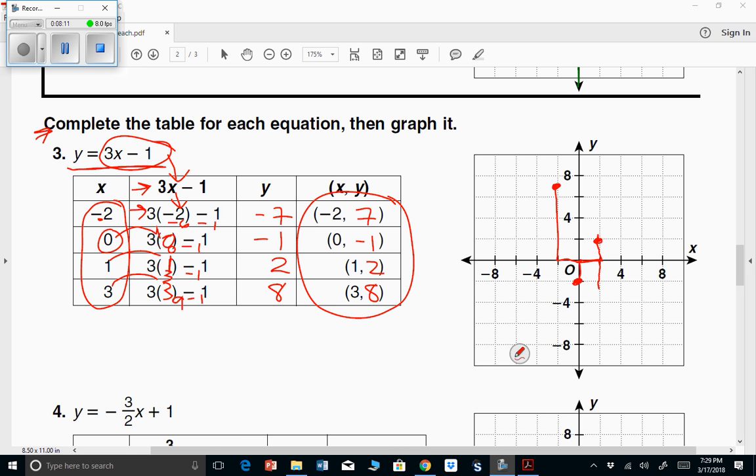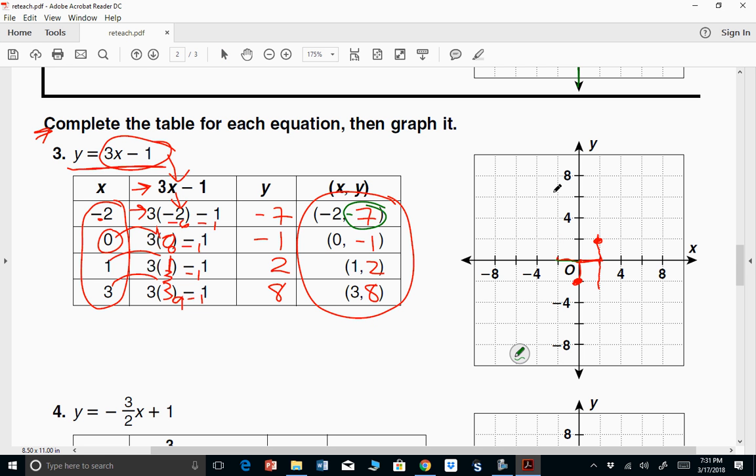I think I got something wrong there. 3, -. Okay, since I don't want to start over, I'm just going to leave my mistake in there. I figured it out. This should be -7. So I'm going to get rid of this first point that I put on here. Sorry about that.